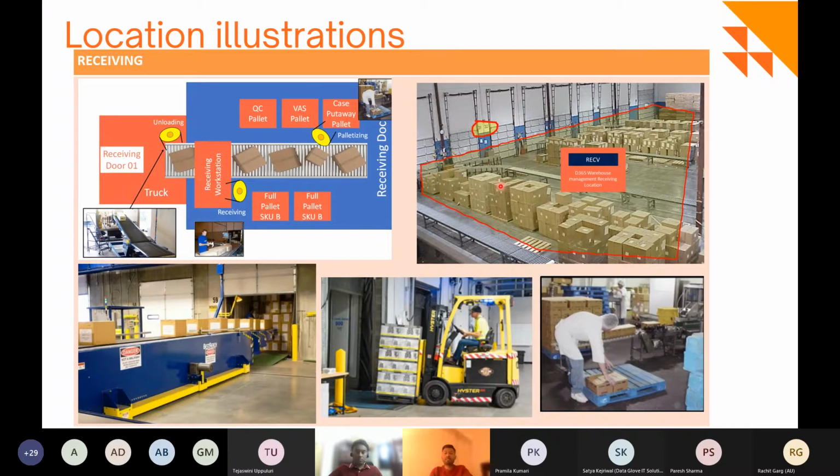A vendor would typically send an ASN, which is an advanced shipping notification, for the supply chain participant to plan the offloading schedule, because we can't simply receive these kinds of inventories on the go. It has to be properly planned, and a proper advance notification must be given, because then these teams have to plan for labor, what kind of equipment will be available at that time, and so on.